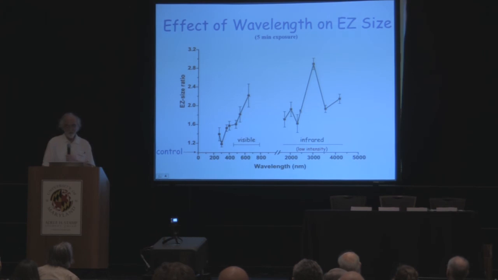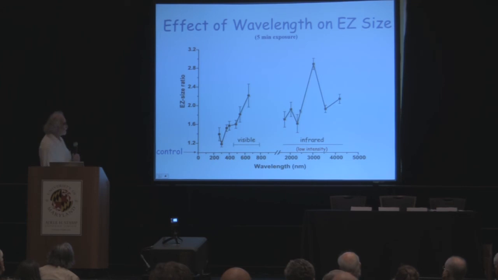So, of course, we wanted spectral information, and here's the exclusion zone size versus wavelength. This is the UV region, the visible region, and the infrared region. So, for example, we'd set up an exclusion zone, turn on a green light, and find that after 5 minutes, the exclusion zone would increase by 60% or so.